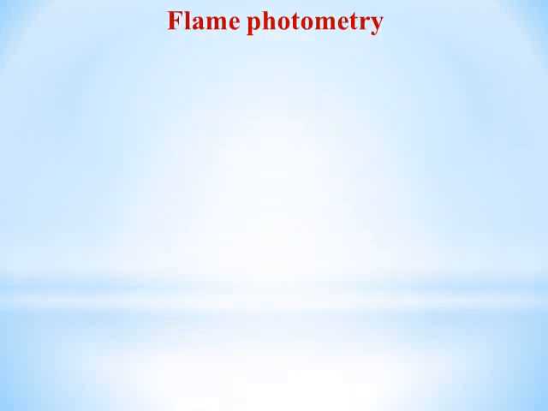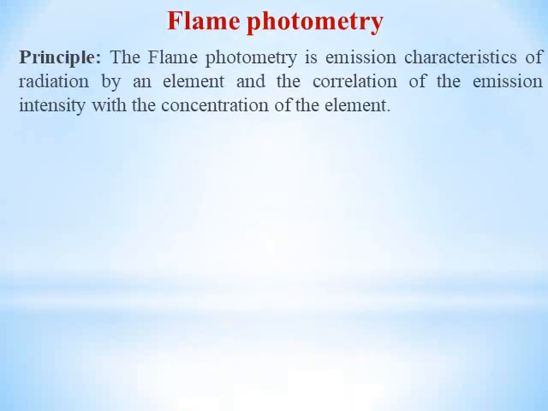In flame photometry, the principle is the emission characteristics of radiation by an element and the correlation of the emission intensity with the concentration of that element. The atoms present in a salt solution are made to excite into different energy levels.